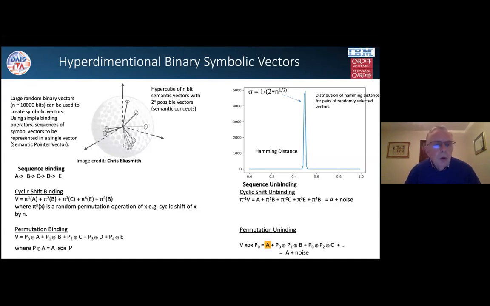And so one way of constructing the vectors is to use the cyclic shift operation, and then the unbinding operation is simply to perform the operation in reverse. So we cyclically shift to the right if we want to bind, and then to unbind, we just cyclically shift in the opposite direction. So in our scheme, the power here represents the number of cyclic shift operations in order to construct or deconstruct or unbind the vector.